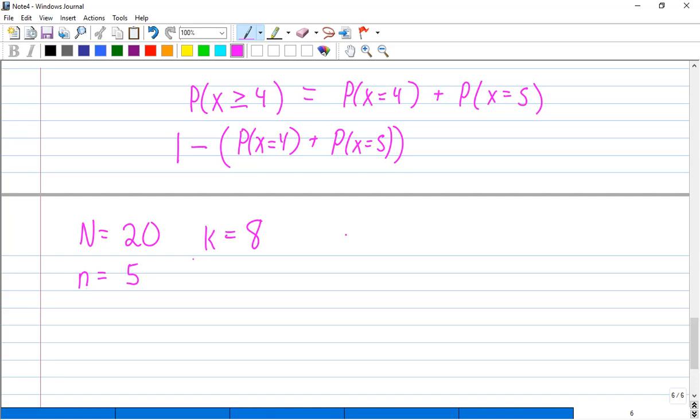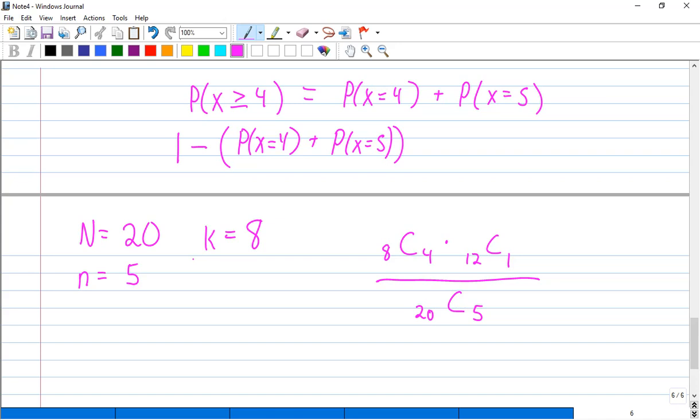It's KCX, so 8C4, times capital N minus K, that's going to be 12C4... then little n minus x, 5 minus 4, it's going to be what? 1. Over capital N, C, little n.